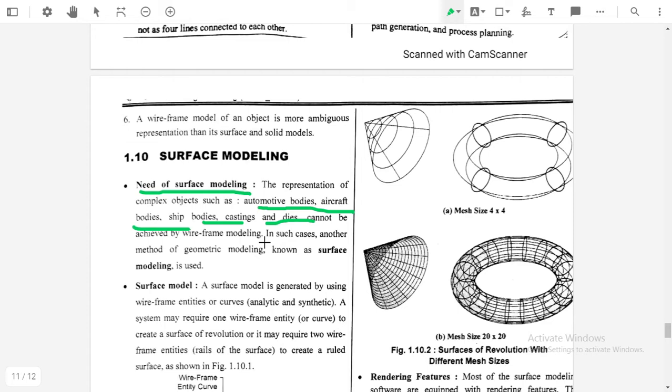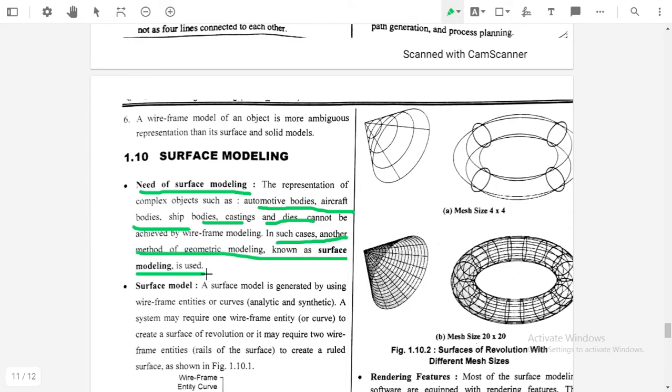So surface modeling is necessary for complicated parts such as automotive bodies, aircraft bodies, ship bodies, castings, etc. It is another method of geometrical modeling, known as surface modeling.